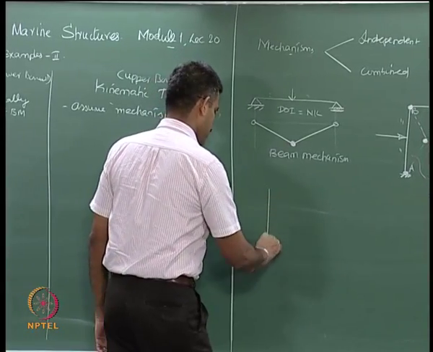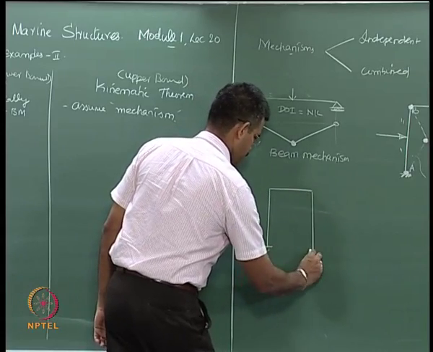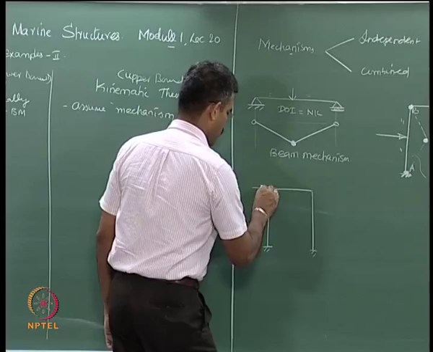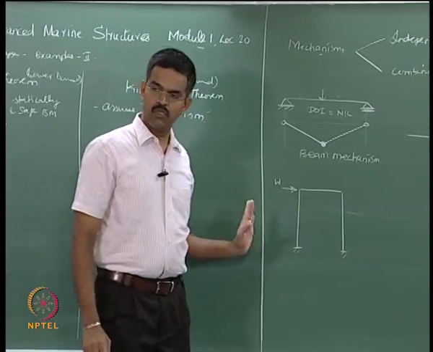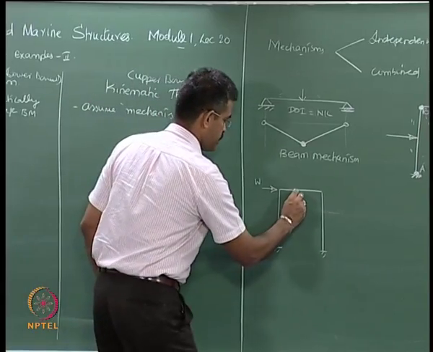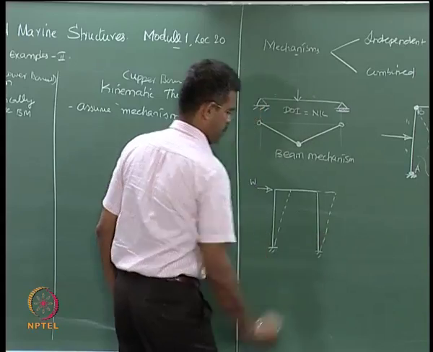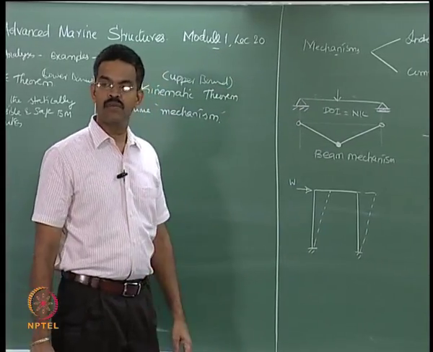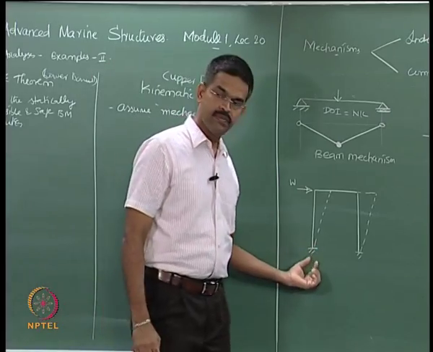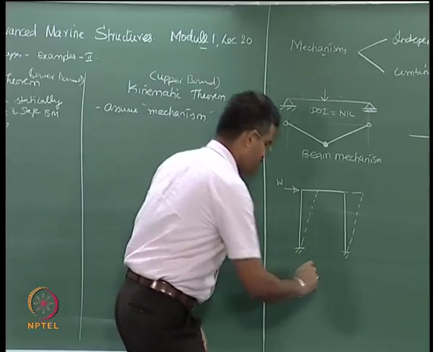I have a frame, similar frame, subjected to a lateral load, let us say W. The frame will have a tendency to sway. Okay. This frame has static degree of indeterminacy of how much? 2. Okay. It has got 2 degree of indeterminacy.